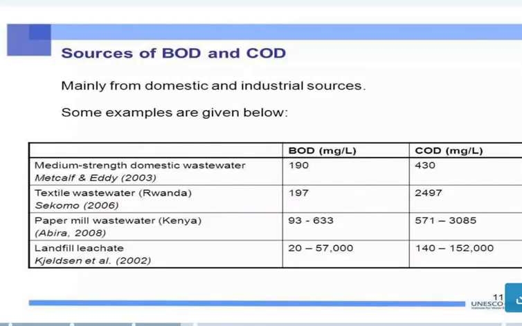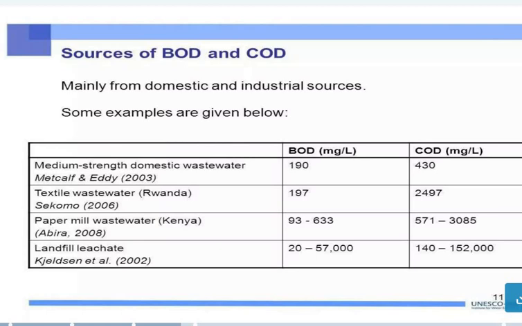Now, the sources of BOD and COD are mainly domestic and industrial. Some examples are given below. You can see medium strength domestic wastewater: BOD 190 mg per liter and COD 430 mg per liter. Textile wastewater: 197 and 2497.